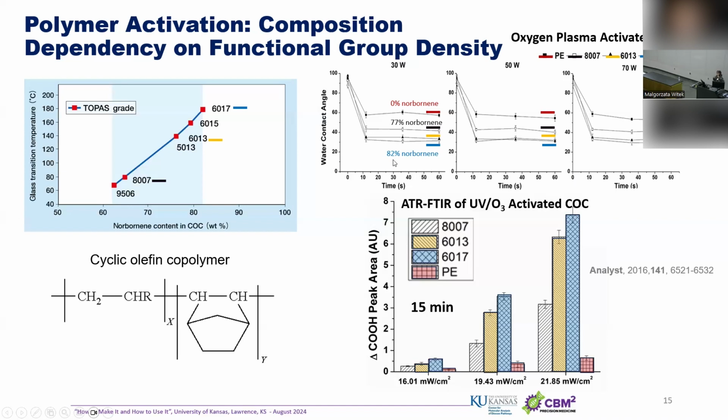With a higher percentage of norbornene, we've noticed you have a higher concentration of the carboxy functionalities on the surface of the polymer. So again, this is something to pay attention to. Don't just say you're going to use COC. Be specific about what type of COC you're going to use, because it will ultimately affect the application.